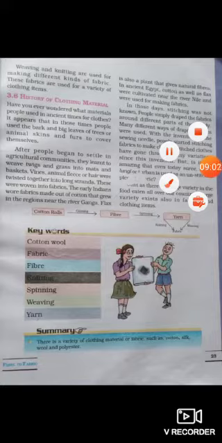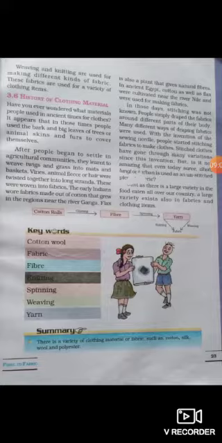So students, let's know about the history of clothing material. Have you ever wondered what materials people used in ancient times for clothes? It appears that in those times, people used the bark and big leaves of trees or animal skins and furs to cover themselves.